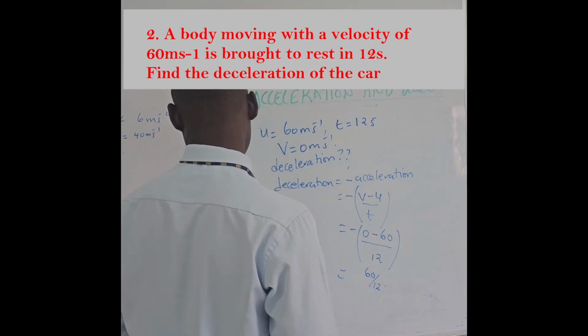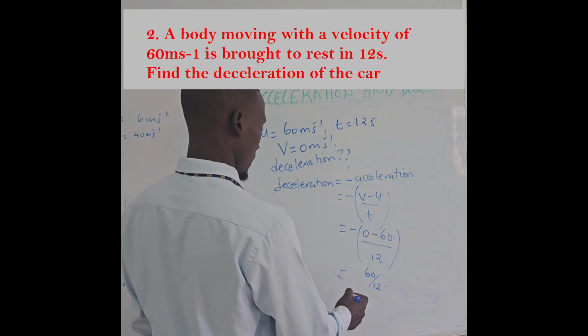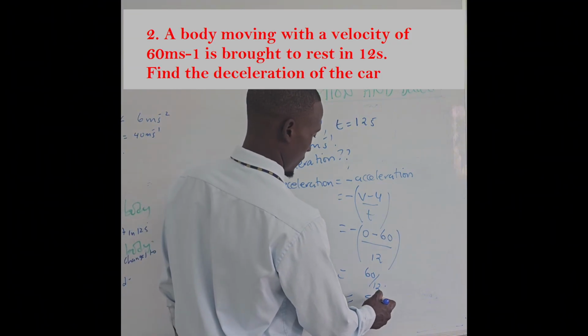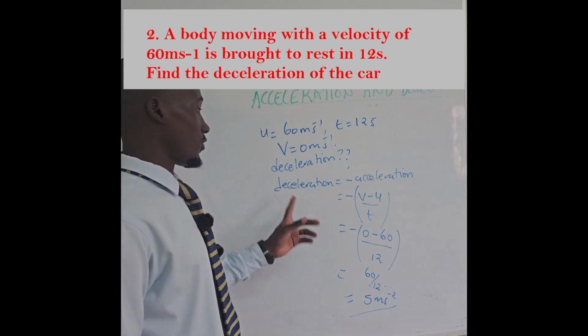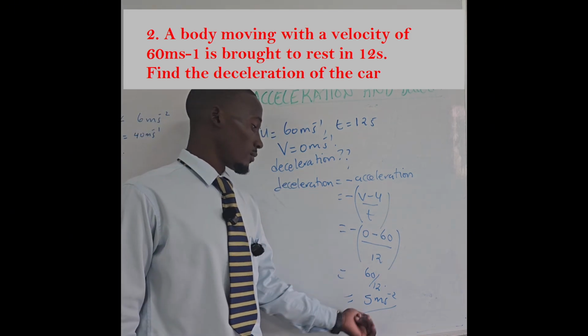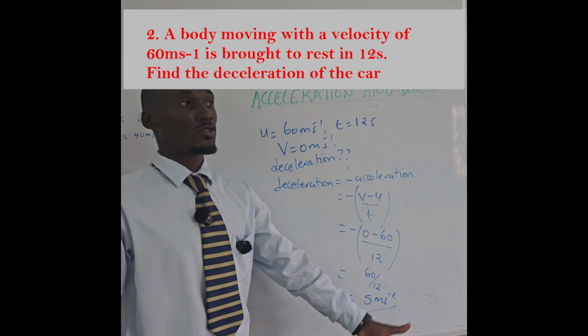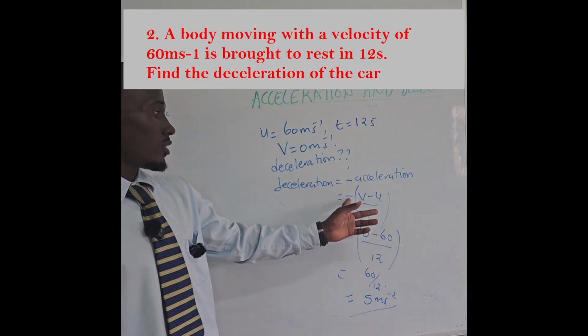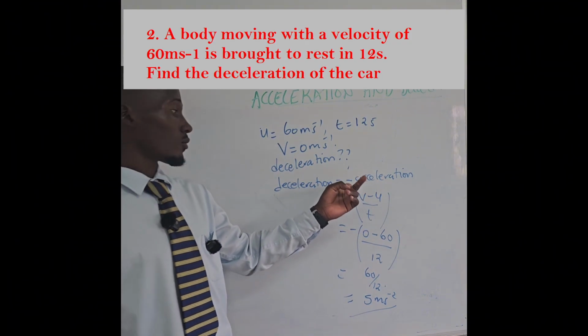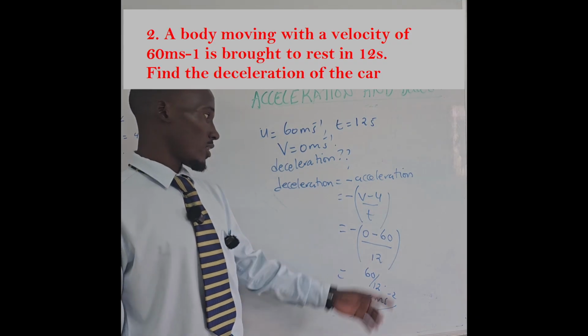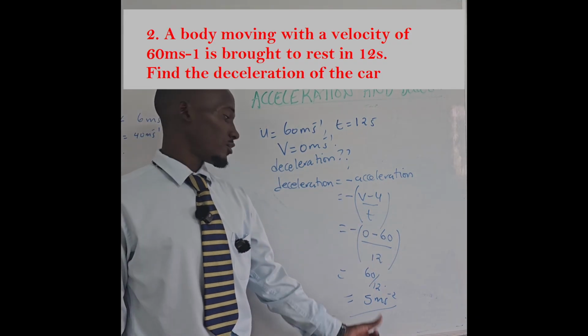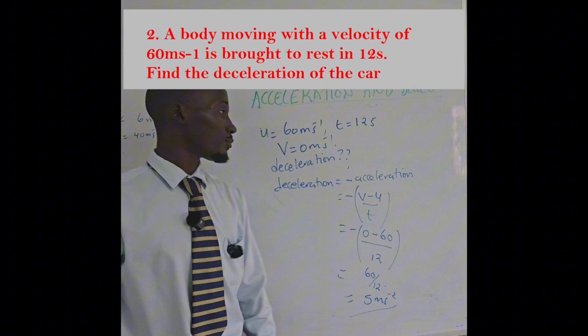When you use your calculator, you're likely to get 5 meters per second squared. So if there is the word deceleration, you make your answer positive. You can either do it this way, putting a negative from the start, or you can first get the acceleration and write it as a positive value.